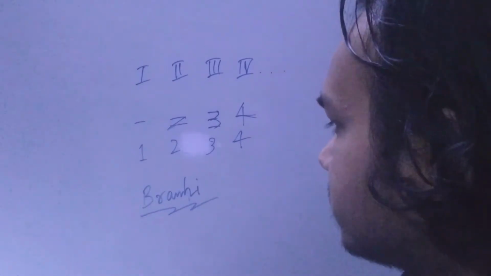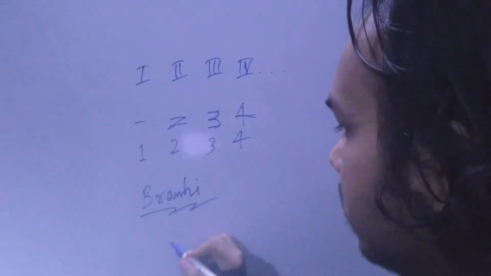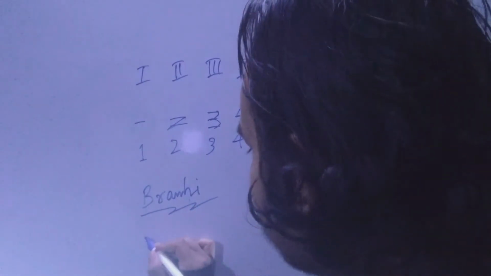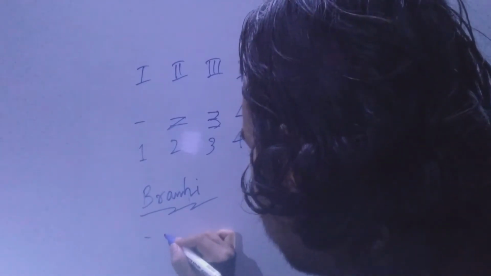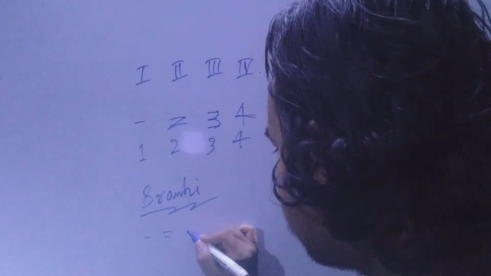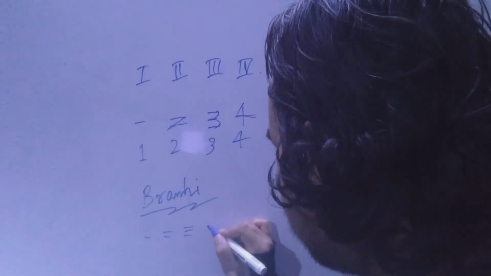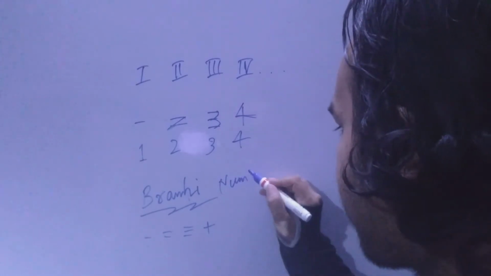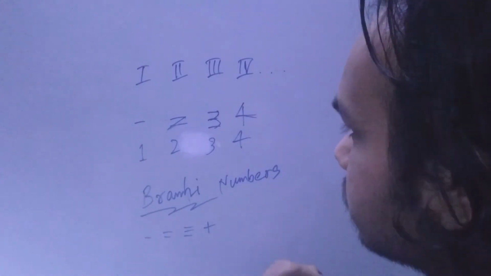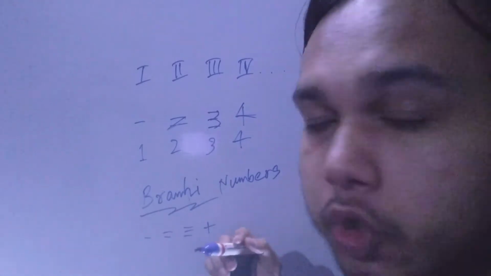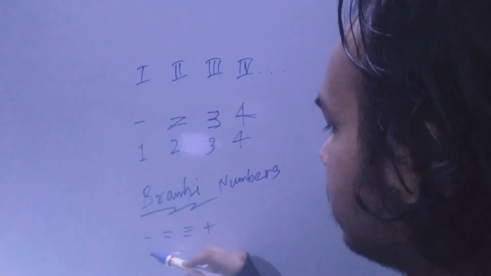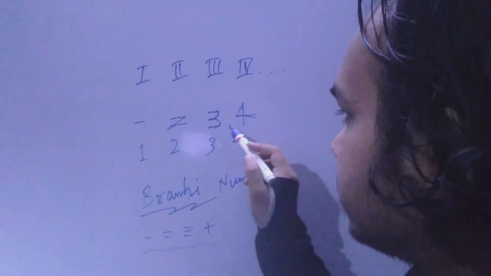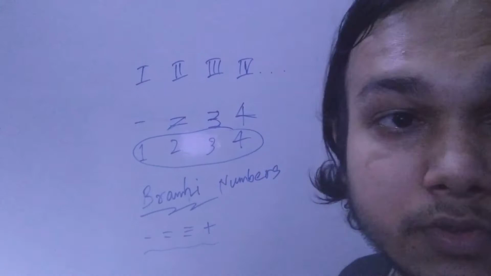So this is the actual name for our primitive, or ancient, style of representation of Indian numerals, and this has the name Brahmi numbers. Our modern day numbers are pretty close to this style of writing numbers, and this style has evolved into our modern day numbers, as you just saw.